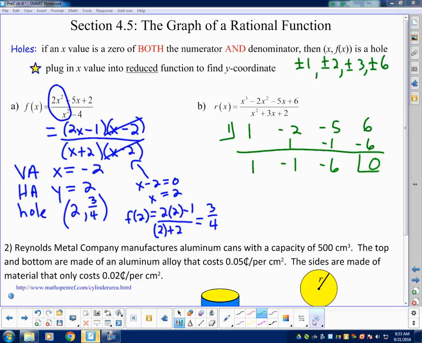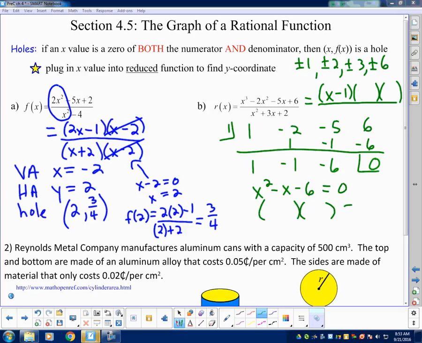So this thing is going to factor as x, if 1 is a 0, it's one of the factors, x minus 1. And I'm left with x squared minus x minus 6 equals 0.